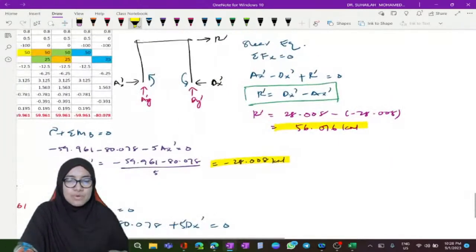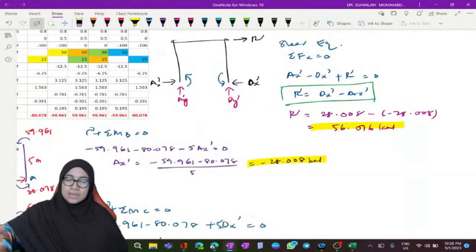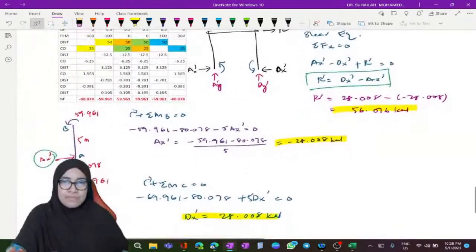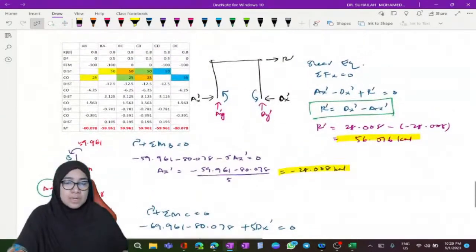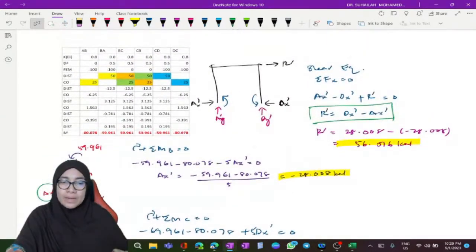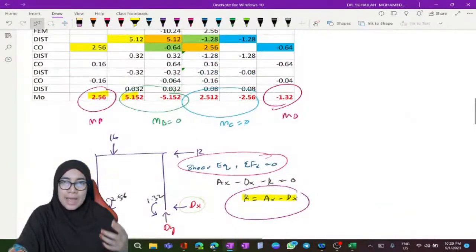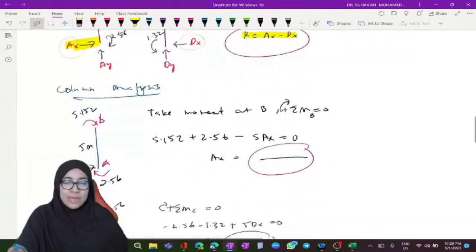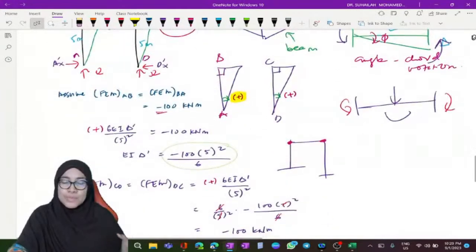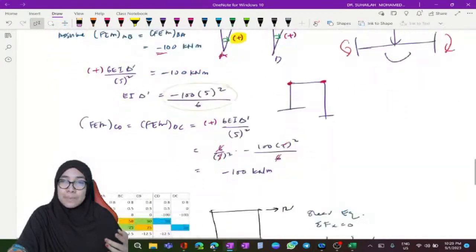So until this stage we have come to the last step, because under table number 1, we calculate m naught and r value, and under table number 2 we calculate the moment m prime and r prime value.